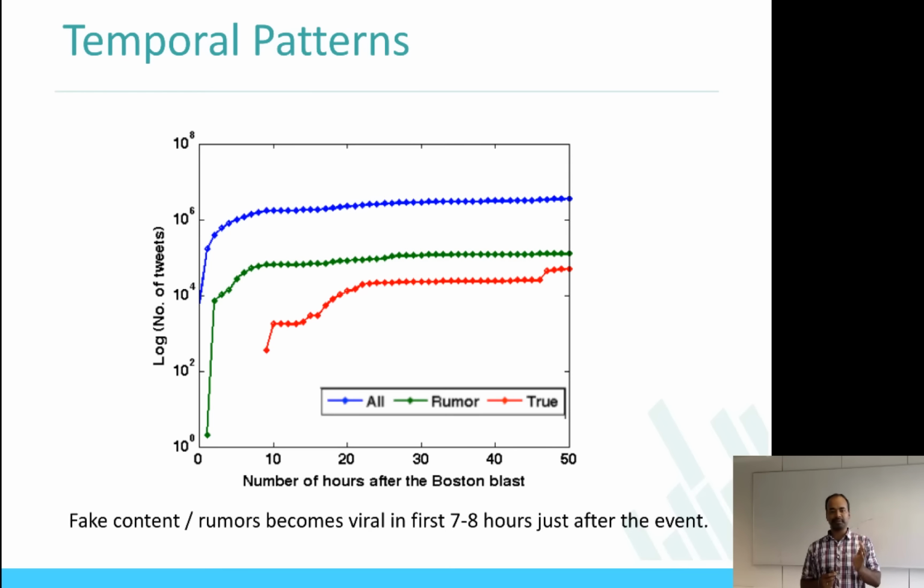For example, here the green one peaks in a couple of hours and is then higher than the true information. How can you quickly reduce the effect, or the information propagation, of this particular rumor on social networks? Those are the two things you could do.